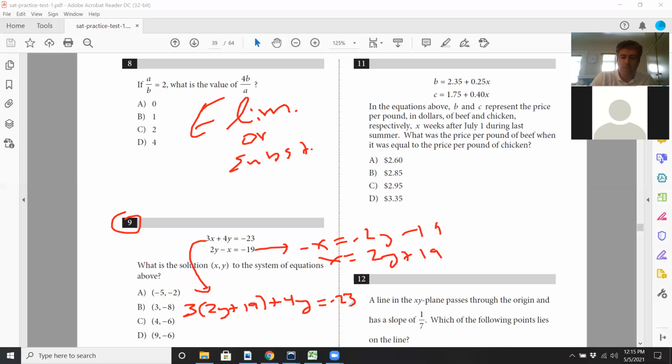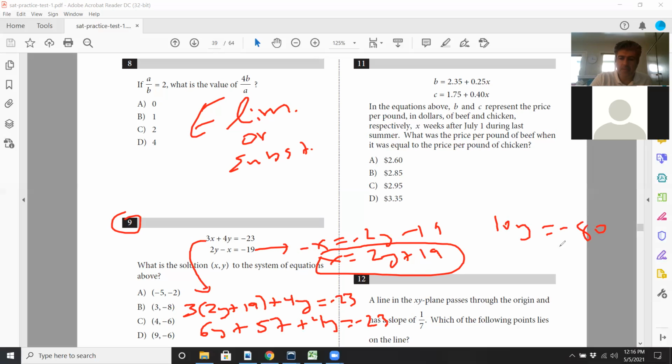And once you get what y is, then you can continue solving by plugging in for y into this equation and solve for x. So y is -8. If y is -8, x is 3, and there you go.